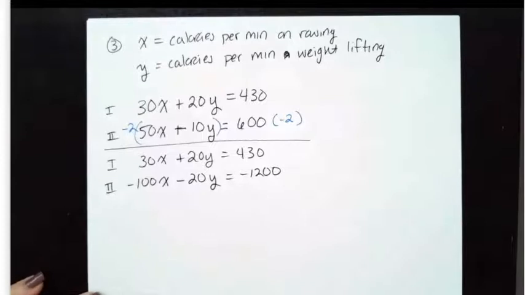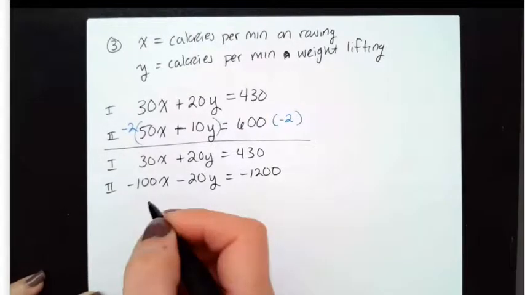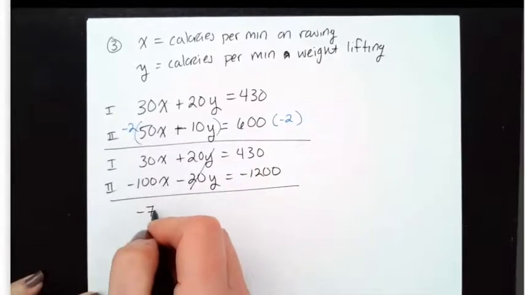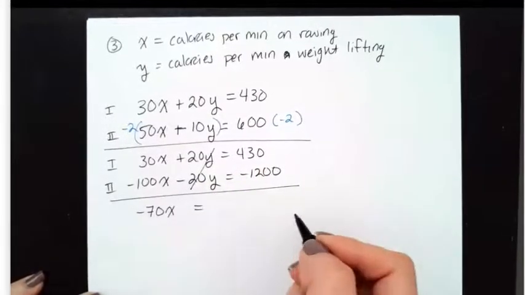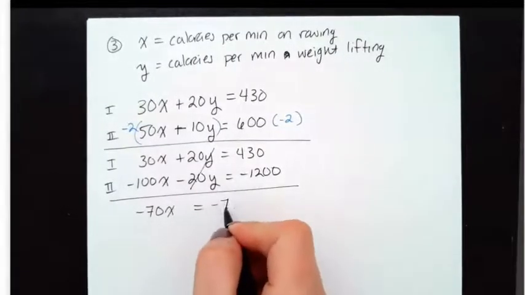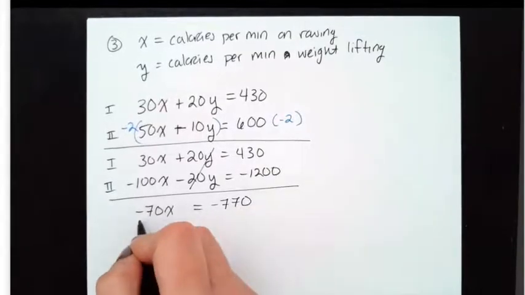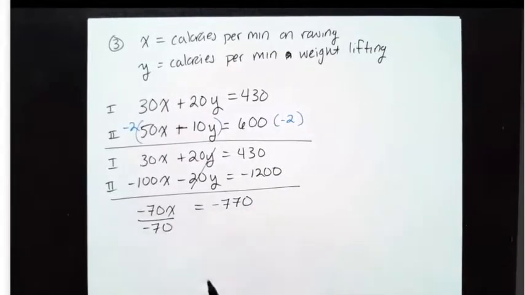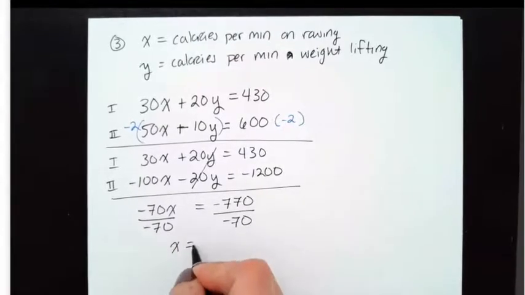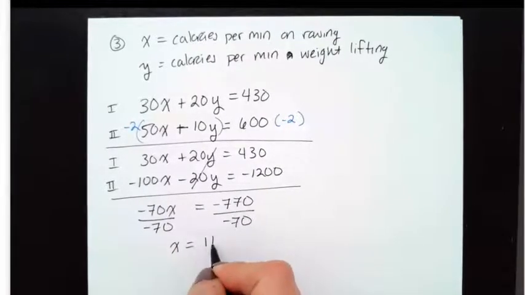Now I'm using the elimination method, so I want to add these two equations together. The y's cancel. I have -70x equals, go ahead and subtract those, so I have -770 here, and then dividing by -70 on both sides, I have x equals 11.